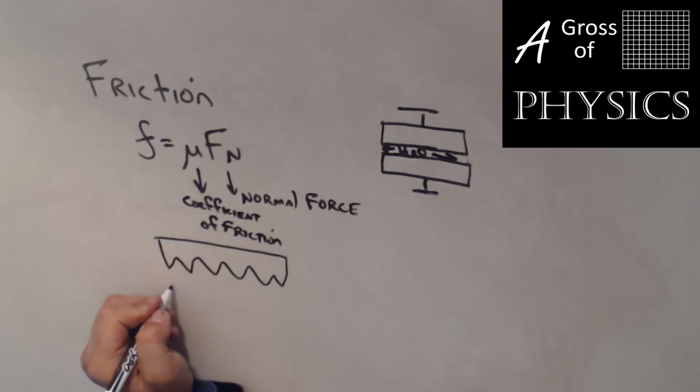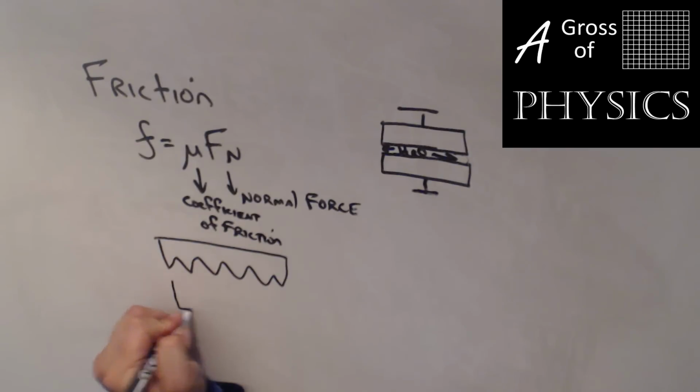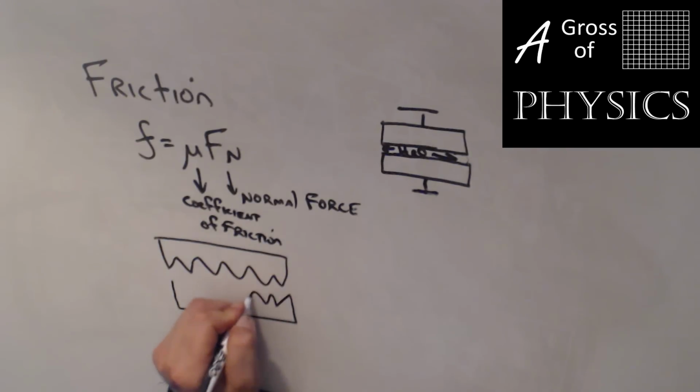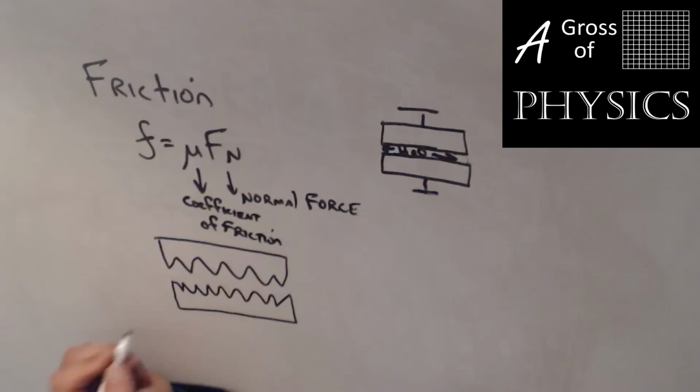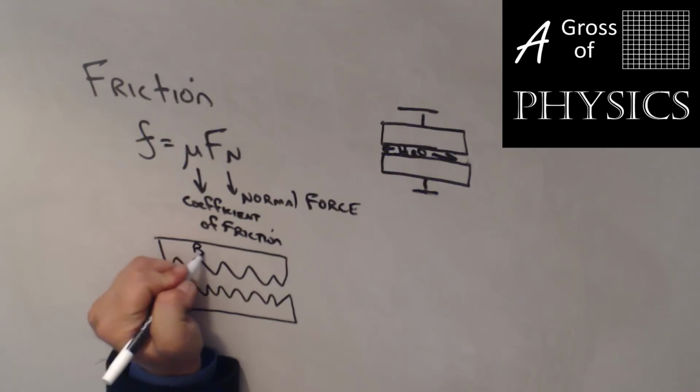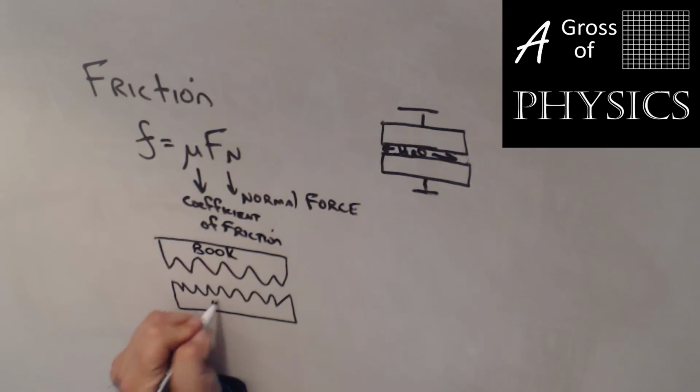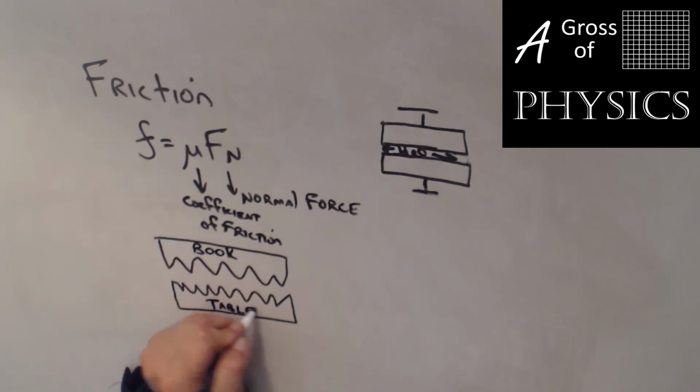Now, like I said, though, most objects do have some rough surfaces. So what we have here is an overly dramatic view of, maybe, a book on a table. And of course, the book and table look smooth, but microscopically they're rough.